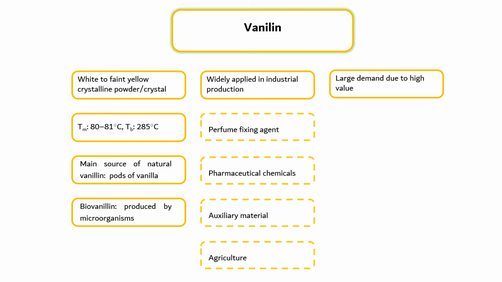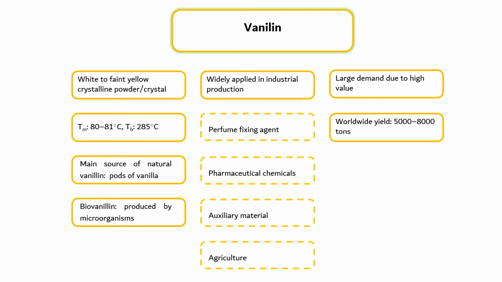A large demand for vanillin has arisen due to the high value that many countries put on food security. As a rough estimate, the yield of vanillin worldwide is around 5,000 to 8,000 tons, and the demand exceeds supply by 3,000 to 4,000 tons.